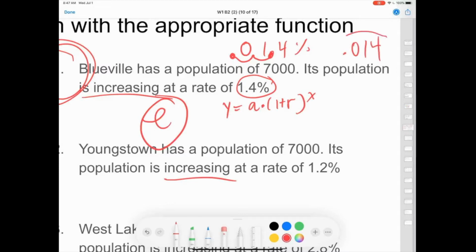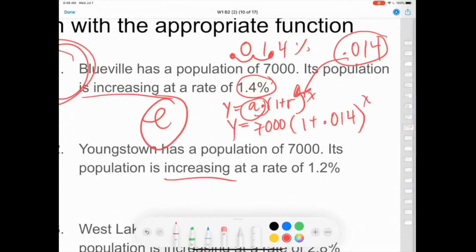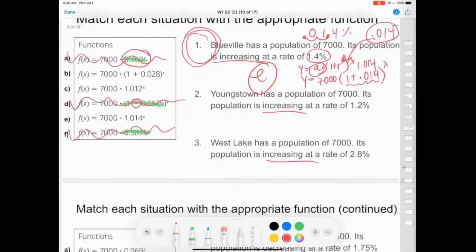So what you could do is now take that and substitute it into the r. So it's going to be y equals, A is going to be 7,000. So that's 7,000 times 1 plus 0.014 to the x. Okay, and then when you add this together, 1 plus 0.014 is just 1.014, okay, which is exactly the option for E.